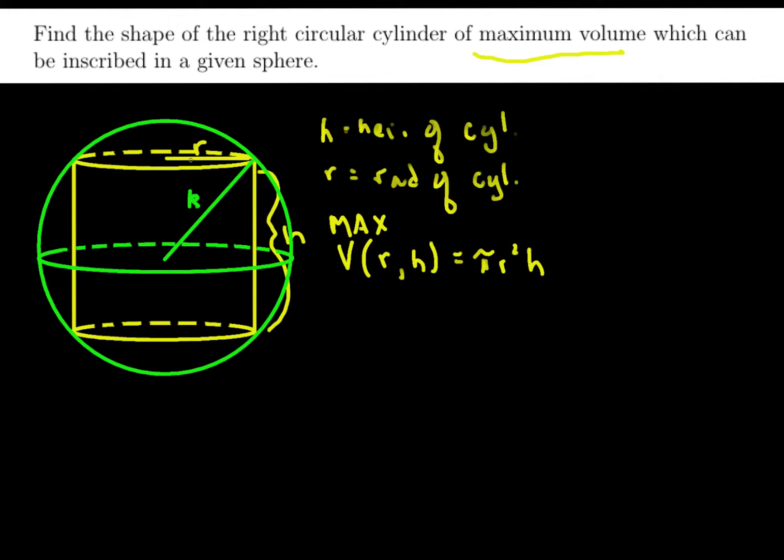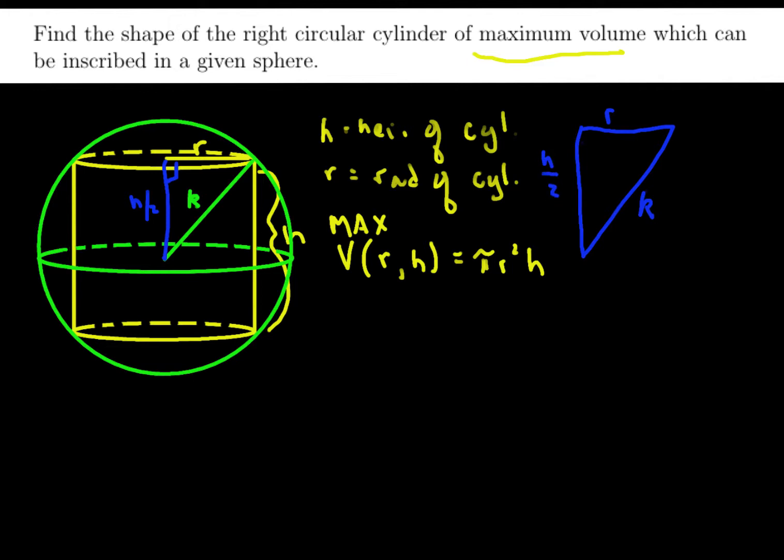Let's add a line here, and this distance would be h over 2, and it makes a right triangle. So let me draw that over here. We've got a right triangle like this. This length here is k, the base of our triangle is r, and the height is h over 2.